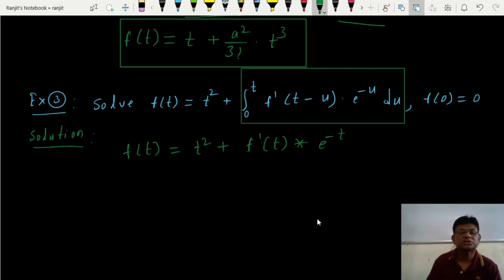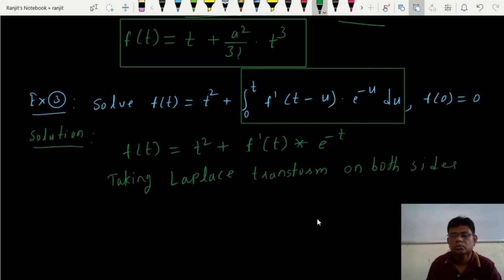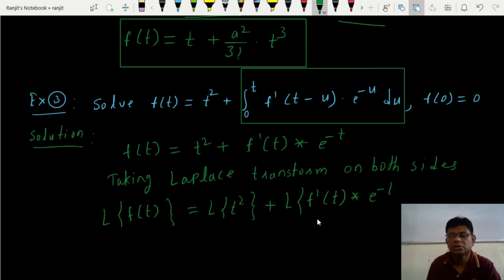Now taking Laplace transform to both sides, we obtain Laplace transform of f of t is equal to Laplace transform of t square plus Laplace transform of f prime of t star e to the power minus t.